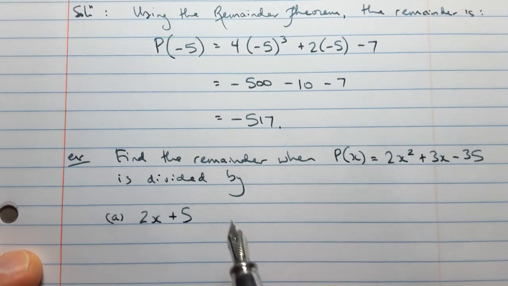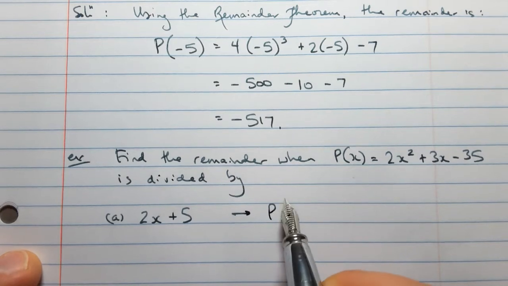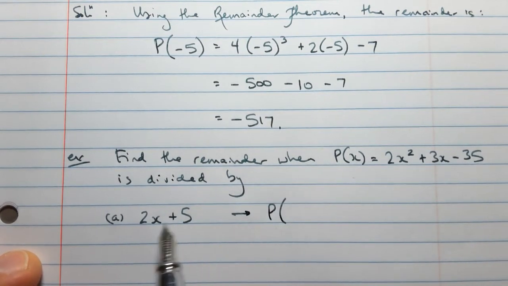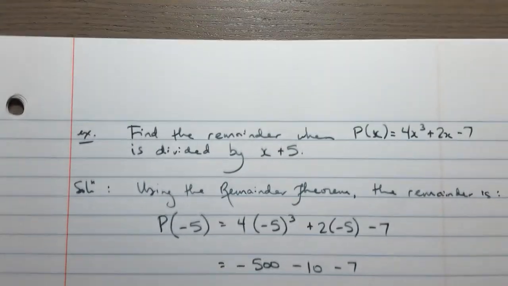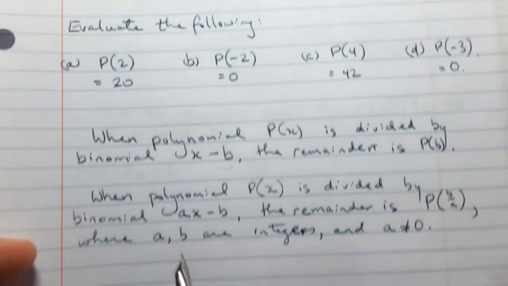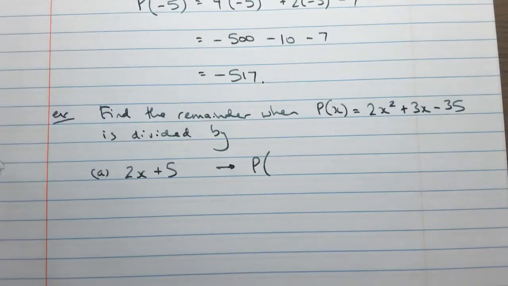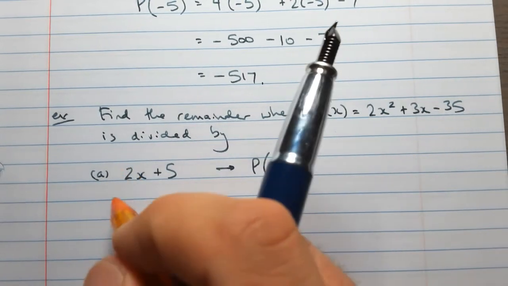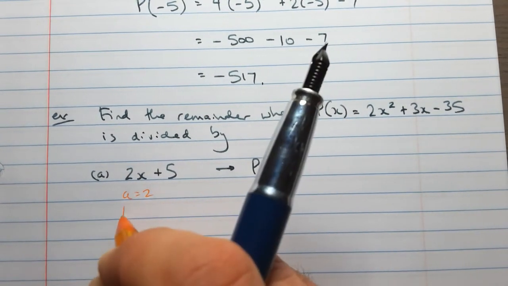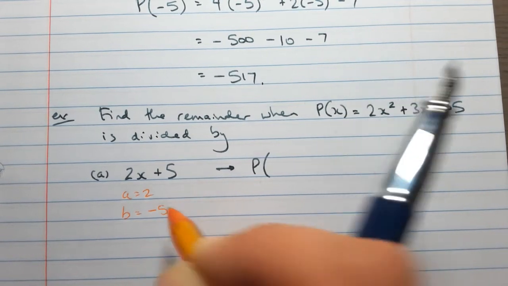Let's try that. To do that, I'm going to find p at, now I want to use the style, it's on my other page here. The style is this, ax minus b. Now here I have a 2x plus 5, so a is 2, and b is negative 5.